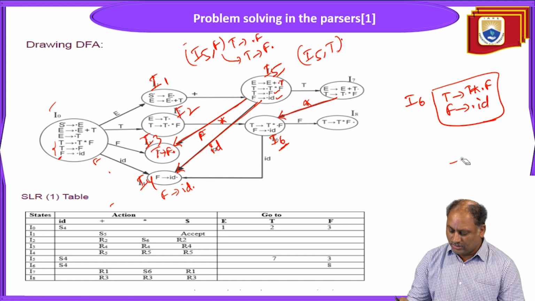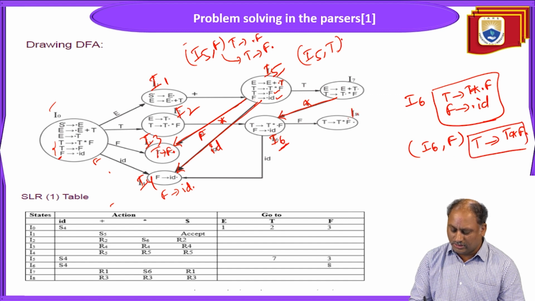Now here we are going to compute closure of I6 comma F. So I6 comma F gives the result T derives T star F dot. So from this there are no other symbols available, so we can stop this one and make it a new state. So it is a new state I8, because on transition F we are going to generate a new state I8.